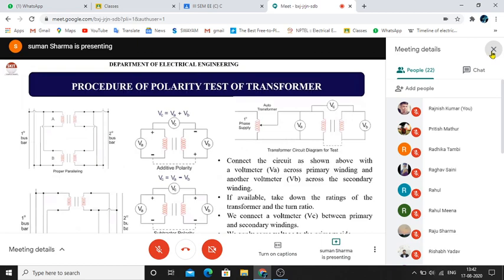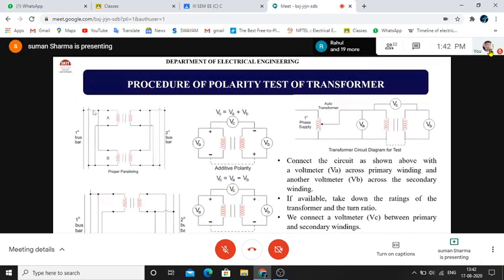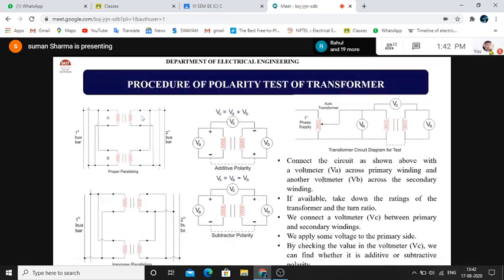So what is the procedure for polarity test of transformer? There are two transformers, single phase transformers, transformer 1, transformer 2. The primary windings are indicated as A and B for transformers. Then these are the bus bars, supply, and these are the bus bars at the secondary side. So you will connect the same terminal to the first bus bar, that is top terminal.